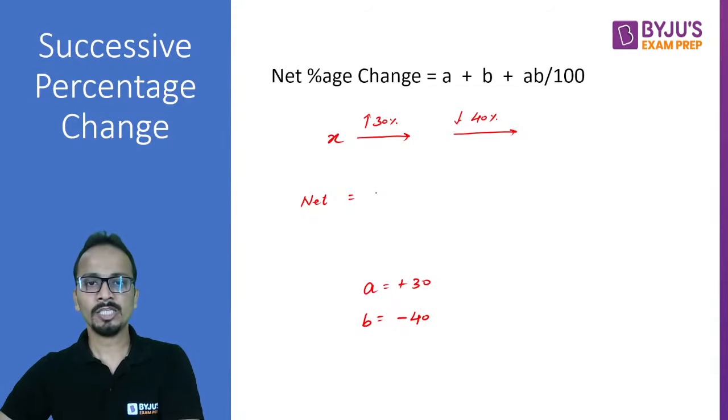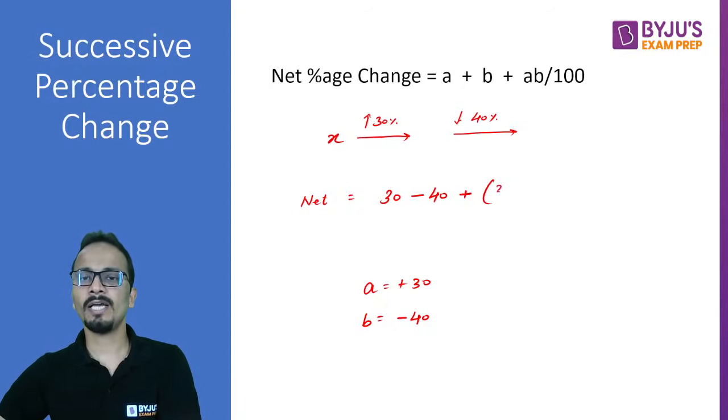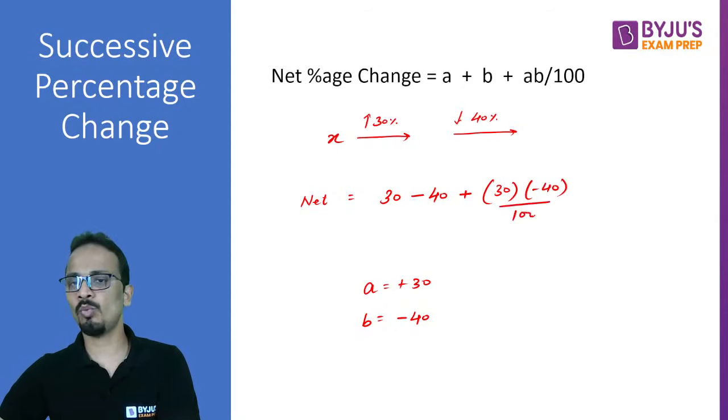All right, so I'll apply the formula: 30, that is A, plus B, the value of B is minus 40, so it will be minus 40, plus A into B whole divided by 100. So the final answer will be 30 minus 40 minus.